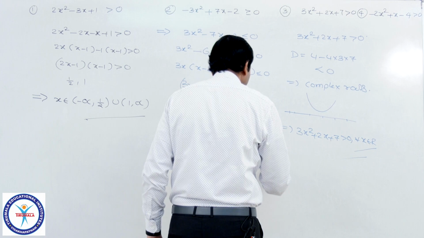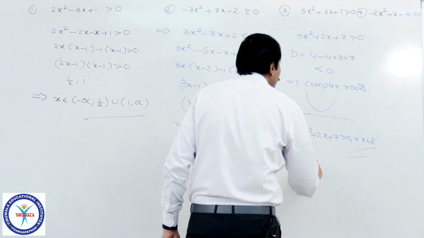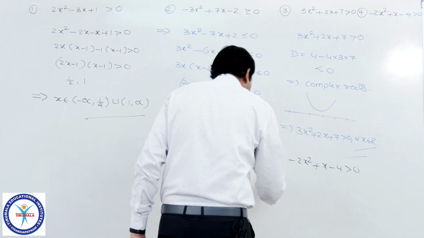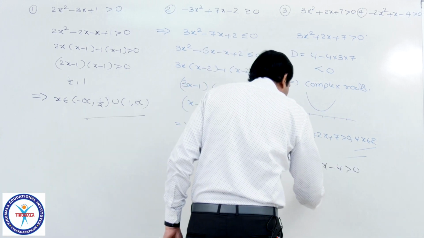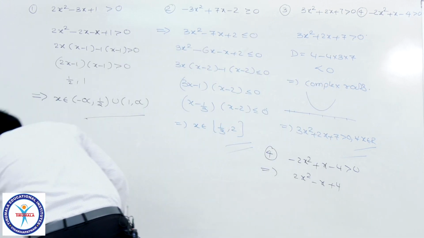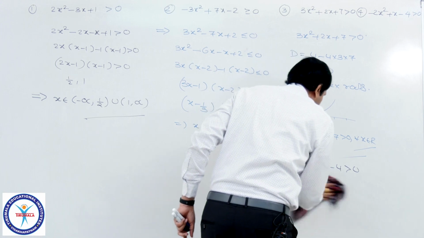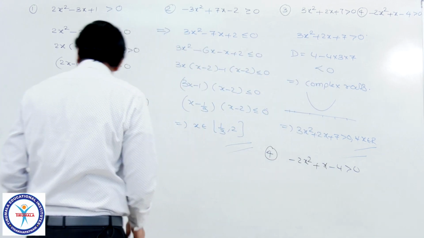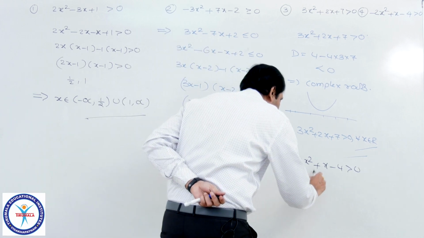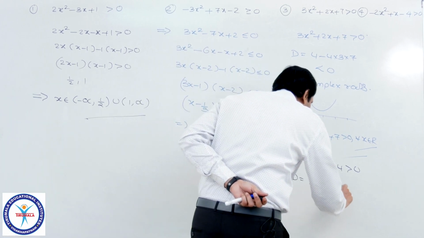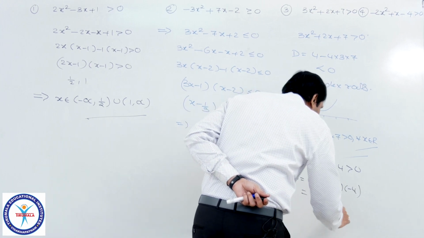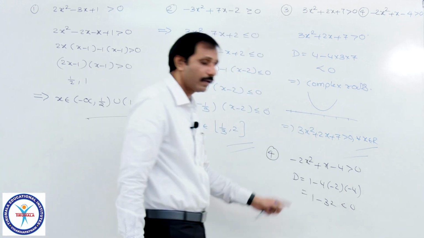Next, fourth one, minus 2x square plus x minus 4 greater than 0 we want. If I multiply with a negative sign, 2x square minus x plus 4. Observe this, one second. As it is, I want it greater than 0. What is the discriminant of this one? B square 1 minus 4 into minus 2 into minus 4, 1 minus 32, which is less than 0.